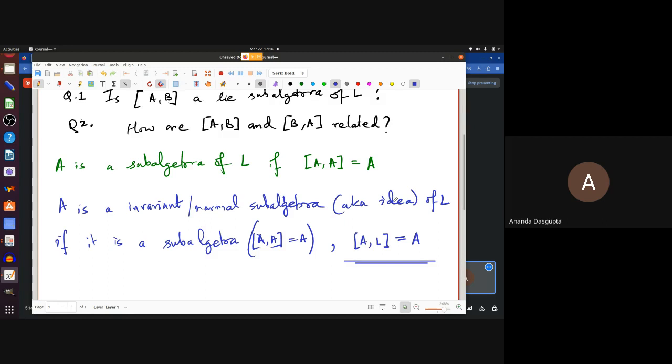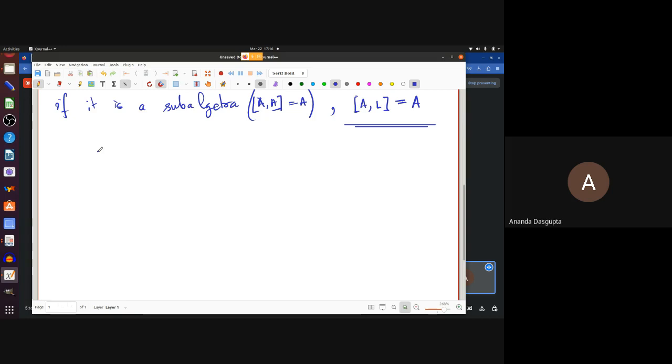Yes, sir. Okay. Now we also stated these results, and I'm just going to quickly remind you of these. If A is an ideal of L, then L quotiented with A. Remember, L quotiented with A means you are going to identify any two elements of L which differ by an element of A as equivalent to each other.